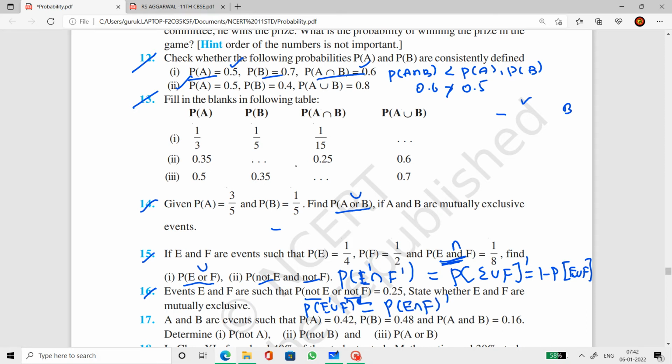Alright. So not E or not F is E complement union F complement. Not E and not F is P of E complement intersection F complement. So here P of E intersection F the whole complement is given as 0.25.